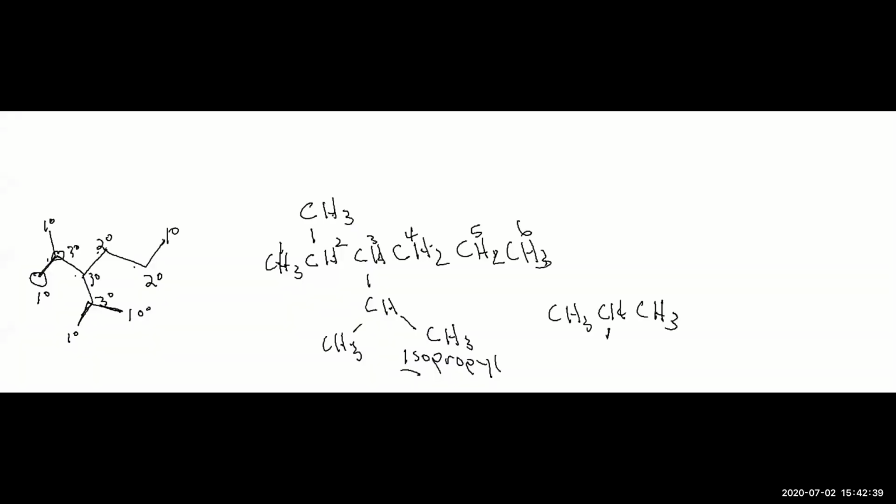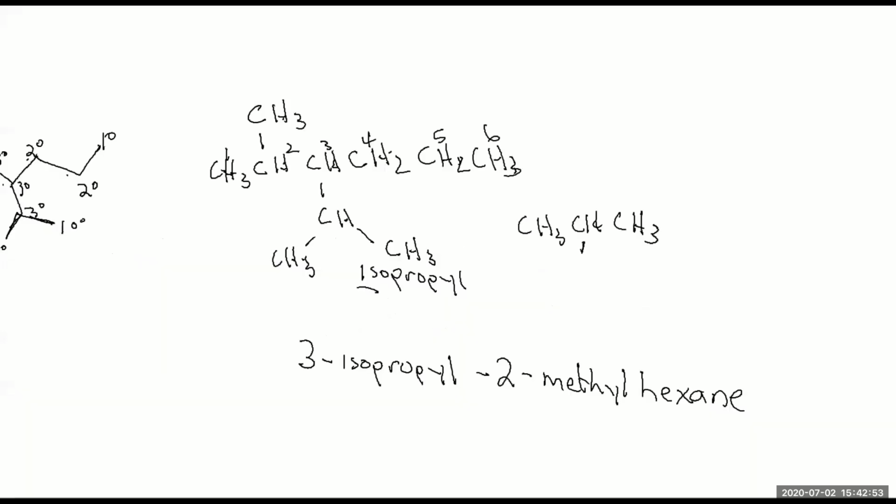Okay, let's extend our thinking a little bit on primary, secondary, and tertiary. I want to go to an example where you have carbon-carbon double bonds, and we'll get to those types of compounds a little bit later. But from what we know of the definitions of primary, secondary, and tertiary, we should be able to extend our numbering to those.